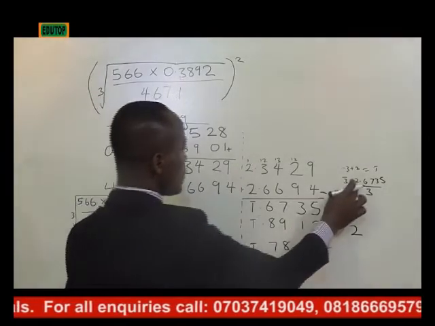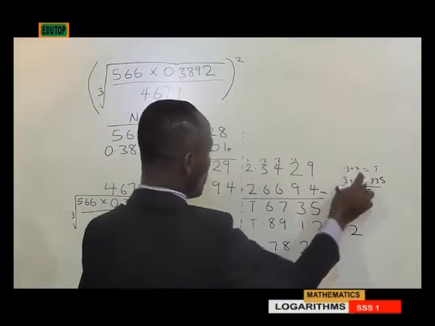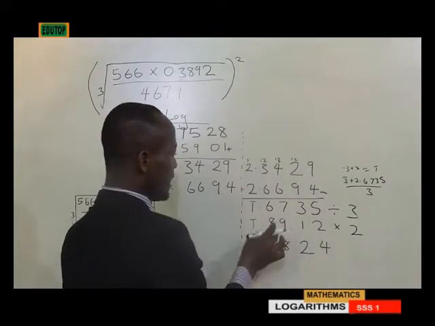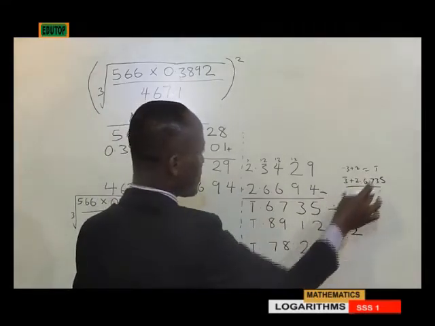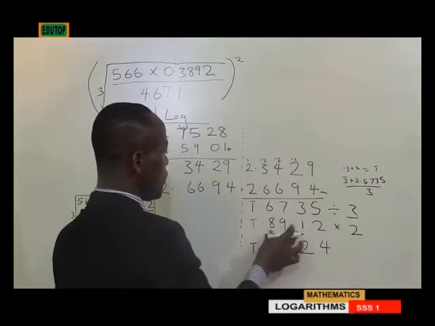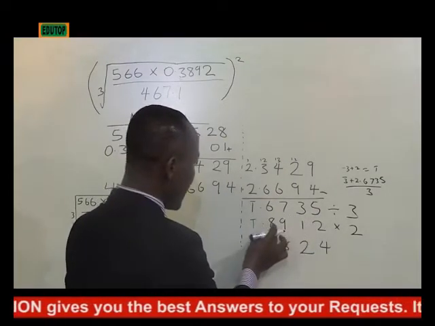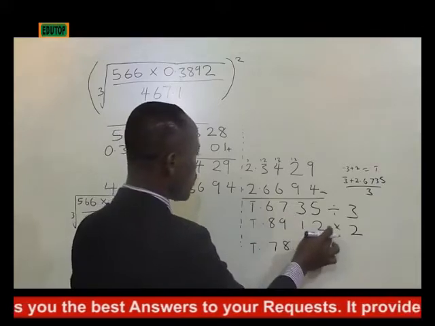Then we'll now take these 2 as an imaginary value to get our division. That will be 2.6735 divided by 3, which will now give us 0.8912.